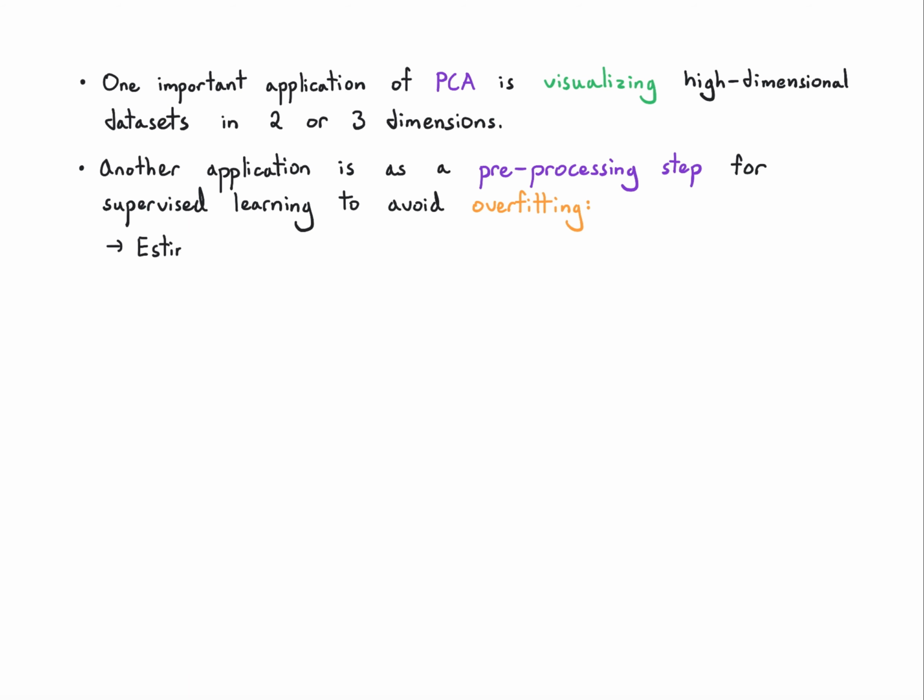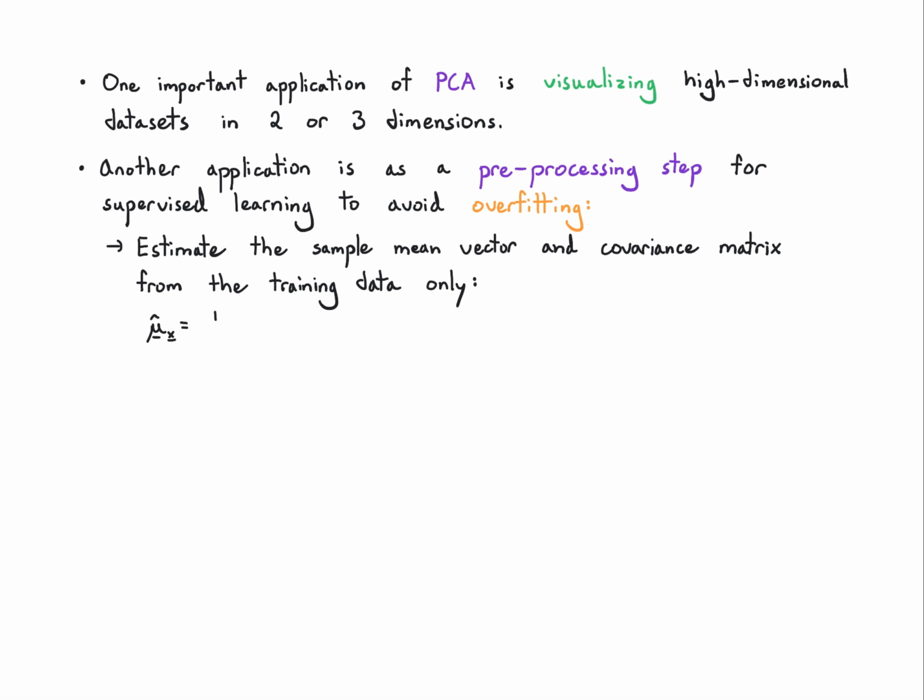The way this works is that I'm going to have a training and a test set. I'm going to estimate the sample mean vector and covariance matrix only from the training data. So let's write that out. I have my mu hat, which I estimate only from the training data, and my sample covariance matrix sigma hat, which I also estimate only from the training data matrix.